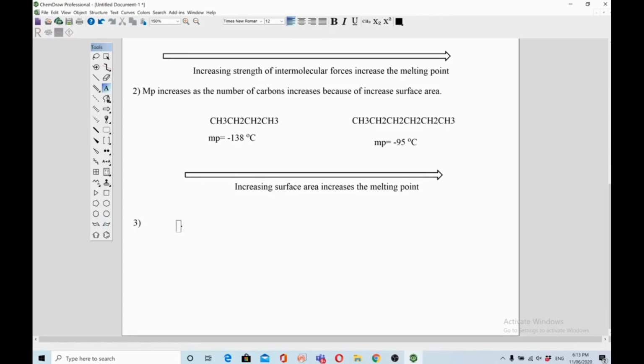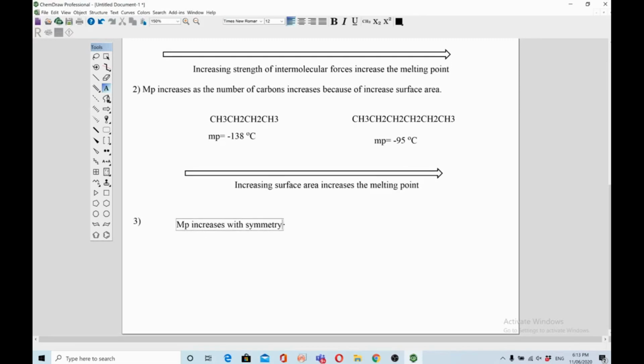Third point is melting point increases with symmetry. I told you about symmetrical alkanes and unsymmetrical alkanes. Here we can apply that concept, like CH3CH2CH with two CH3s on this CH, and this is C with 4 methyl groups.